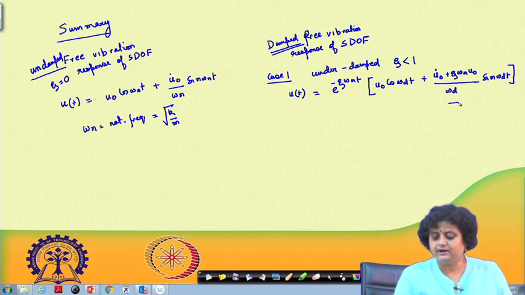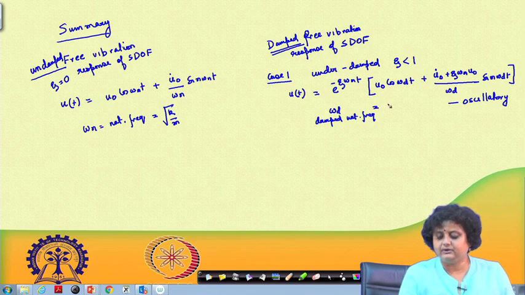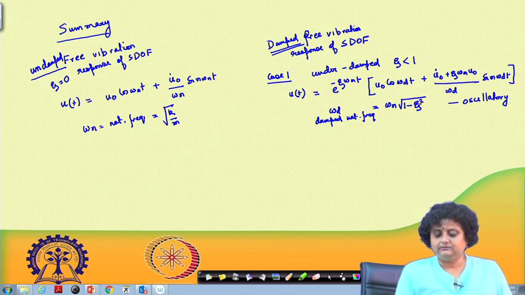The response here was oscillatory. Okay. Omega d is called the damped natural frequency, and that is slightly less than omega n, and which is given as omega n into root over 1 minus zeta square.